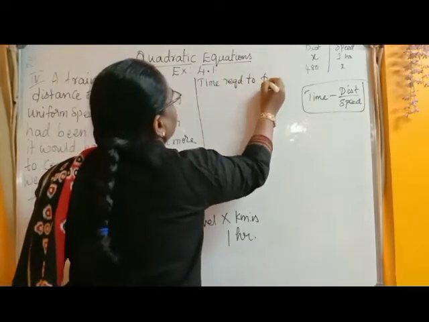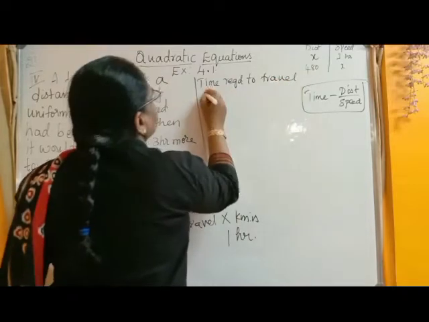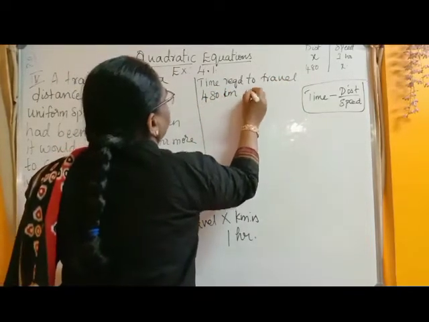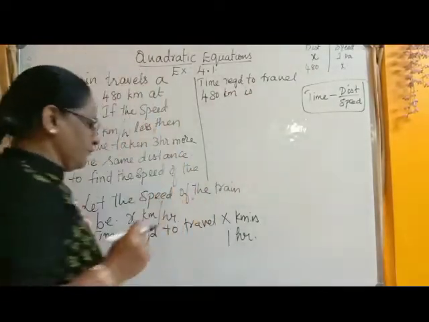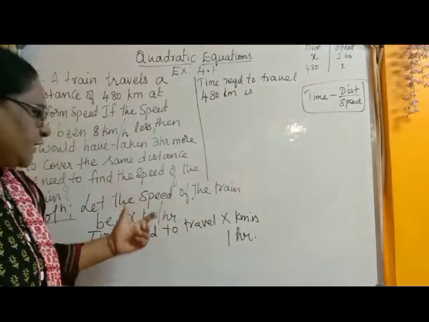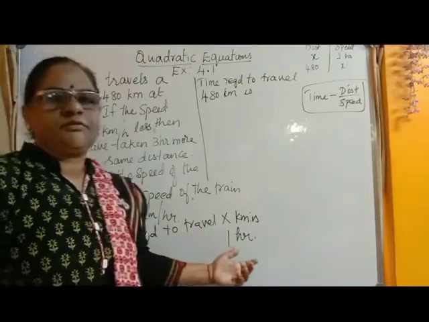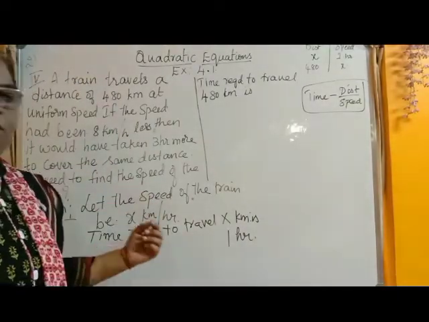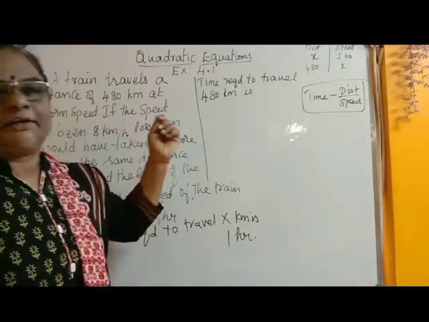to travel 480 kilometers. You know that for x kilometer it takes 1 hour; for 1 hour it is taking x kilometer. For 480 kilometer, how much?